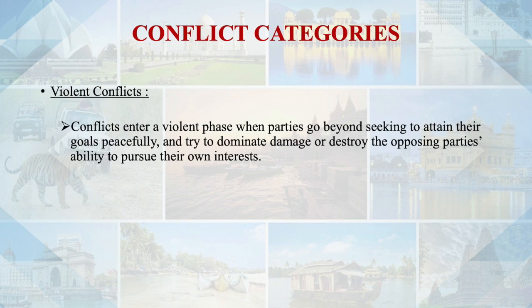Conflicts enter a violent phase from non-violent when parties go beyond seeking to attain their goals peacefully and try to dominate, either by damaging or destroying the opposition party's ability to pursue their own interests. Both parties are trying to pursue their own interests, but they are not going peacefully; they are trying to dominate, damage or destroy the opposing party.